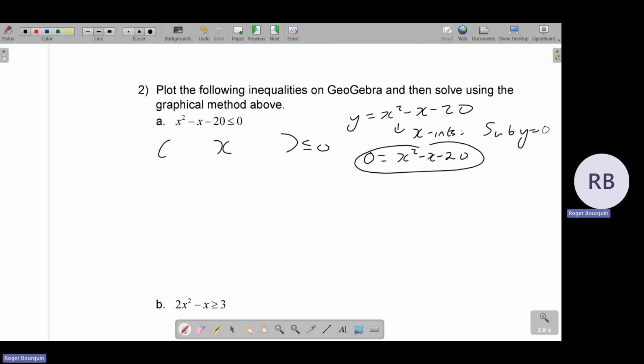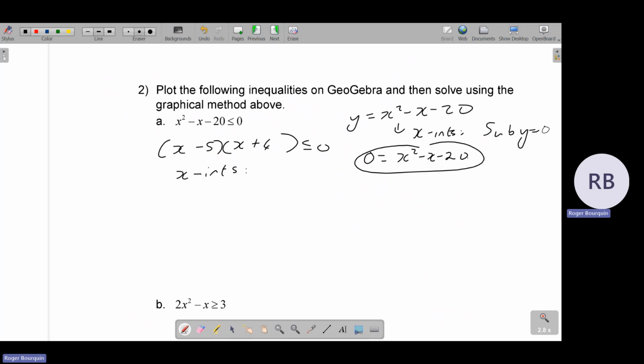What does this factorize to? Okay, right. X minus 5 times x plus 4. Good. Right. And I don't want you to write x is equal to, because x is not equal to anything.